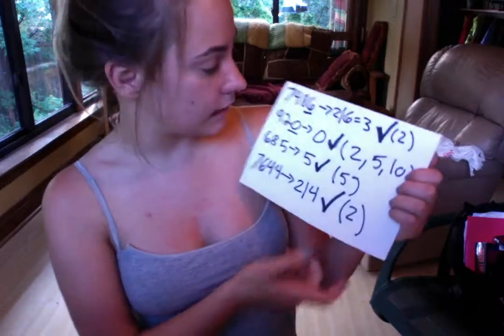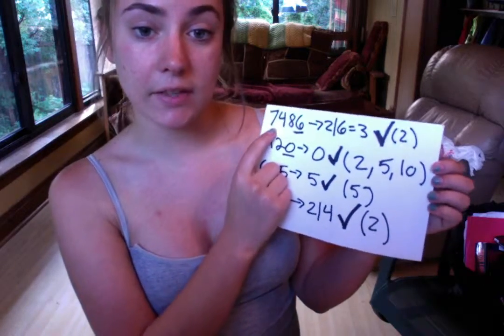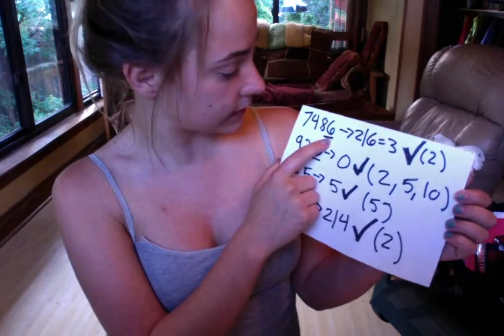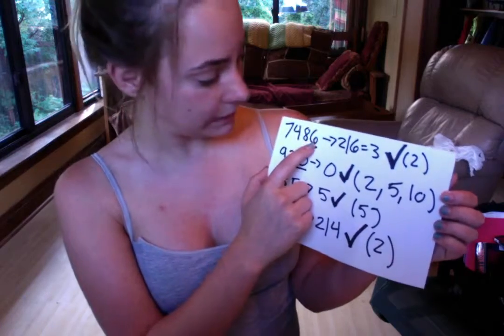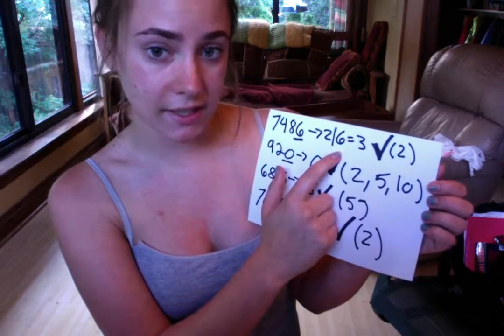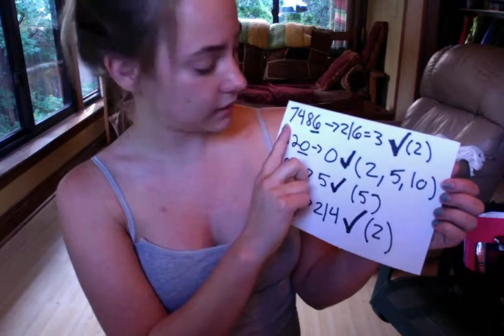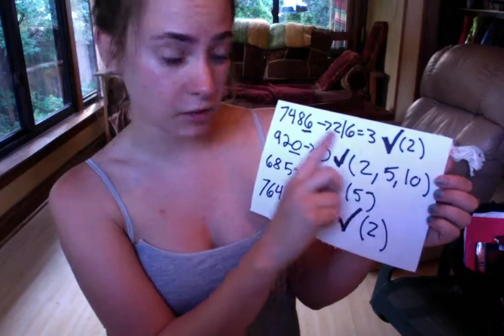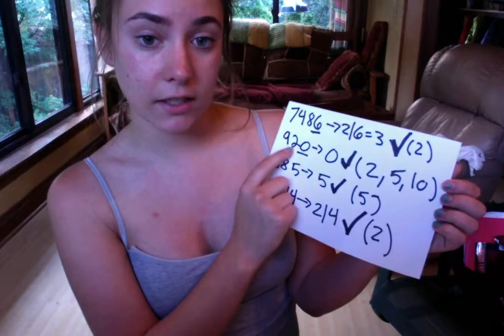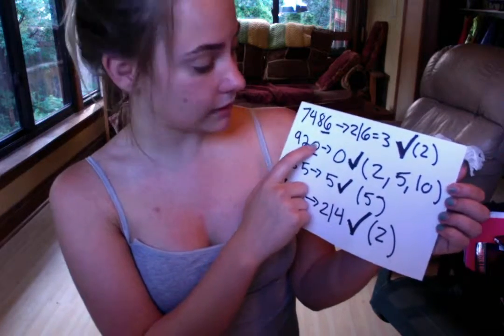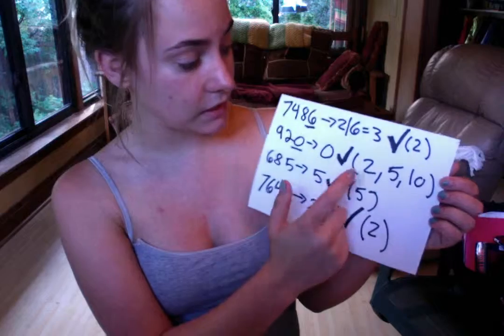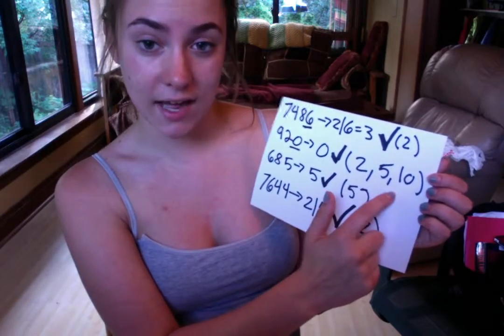Here I have several examples. Our first example is 7,486. Here, you look in the ones place, which is 6. 2 is divisible by 6, I mean 6 is divisible by 2. This means that, yes, this whole number, 7,486, is divisible by 2. Next, we have 920. Since this is a 0, it means that the number is divisible by 2, 5, and 10.